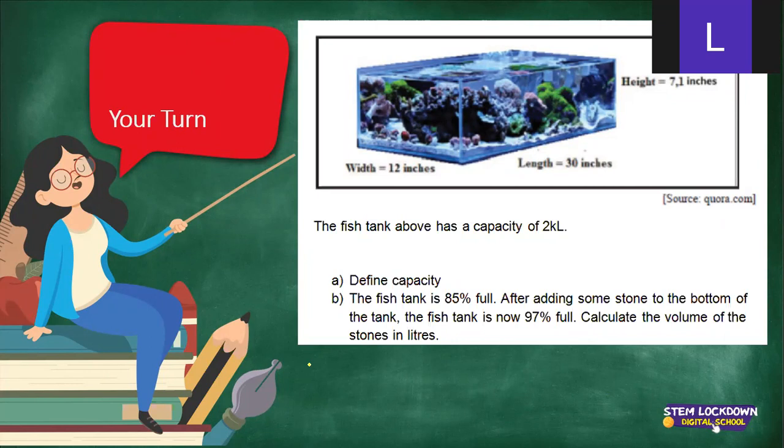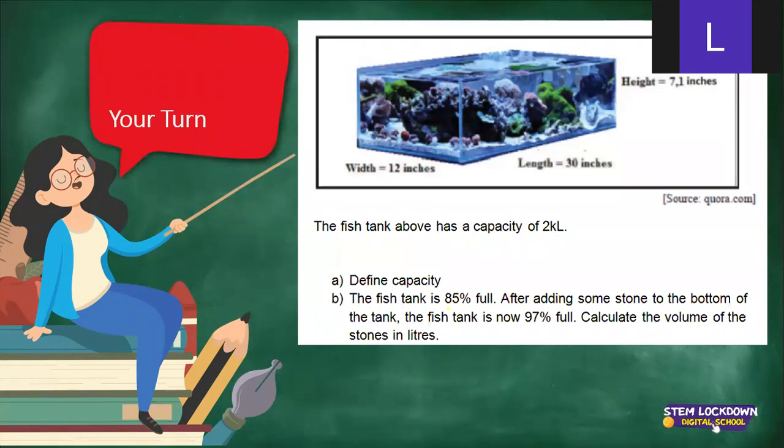We are given a fish tank. It has a capacity of 2 kiloliters. A defined capacity, so please write it down. And then the fish tank is 85% full.